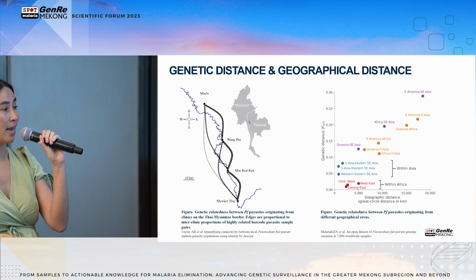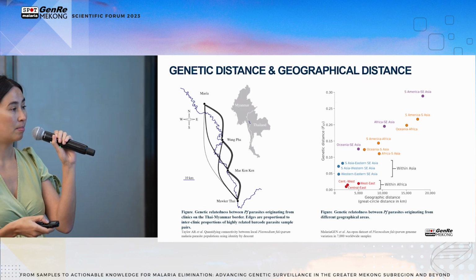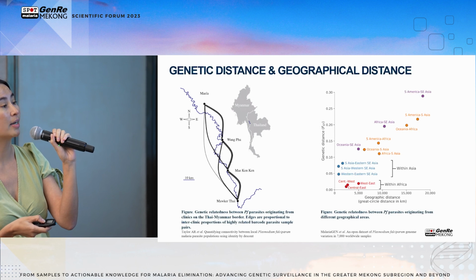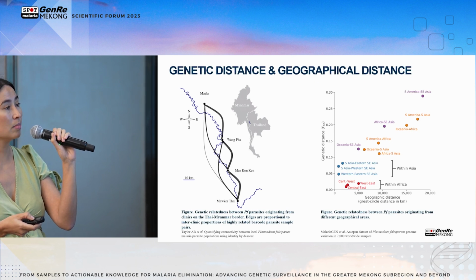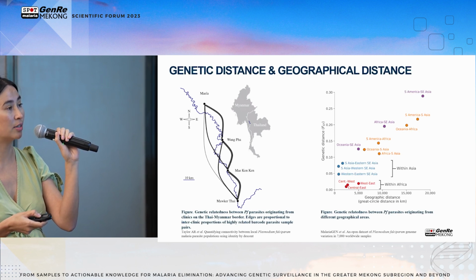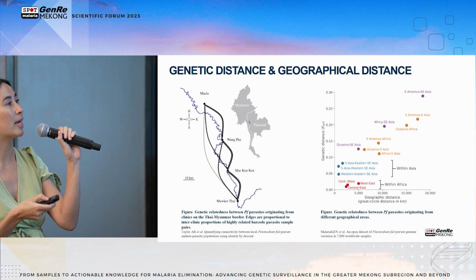And when you look at data from one of the malaria GEN releases, you see a graph here that shows geographical distance in kilometers, and here genetic distance on the y-axis.